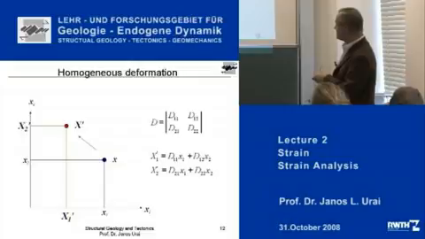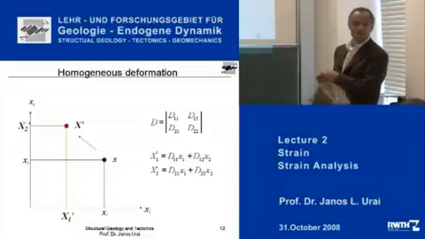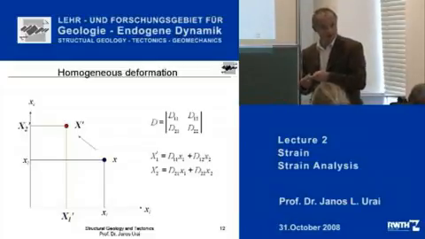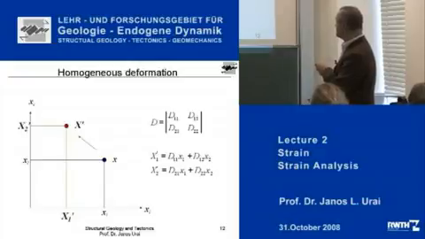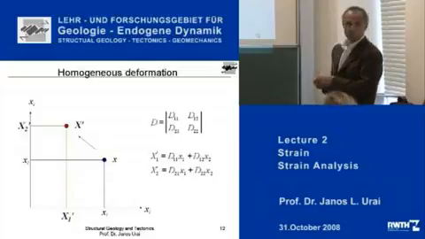x1 is the x or the one coordinate of this first point, and x2 is the second. And now I choose four numbers, d11, d12, d21 and d22, these four, to make this transformation. So the new coordinate of the point is the result of this equation, and the new vertical coordinate is this one.